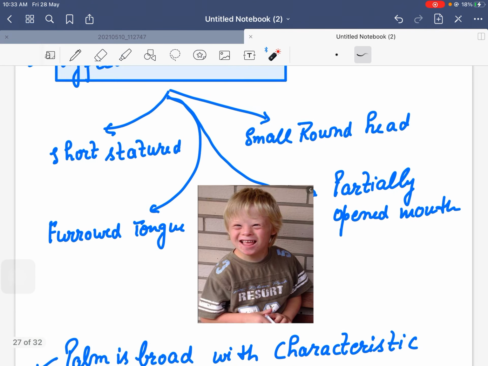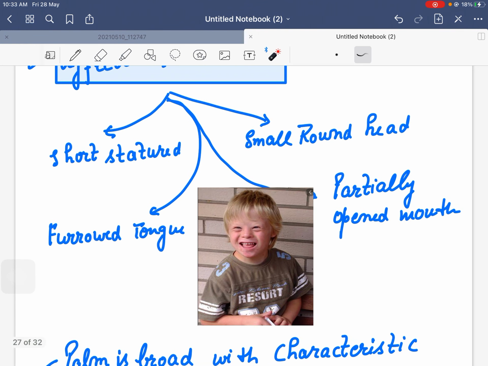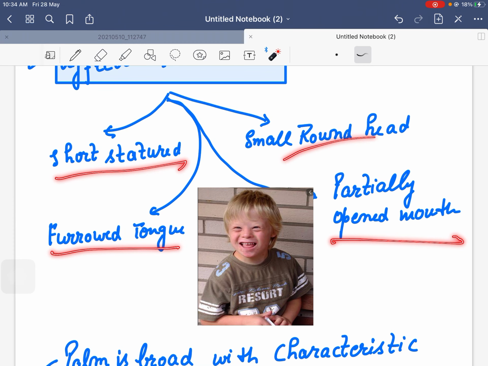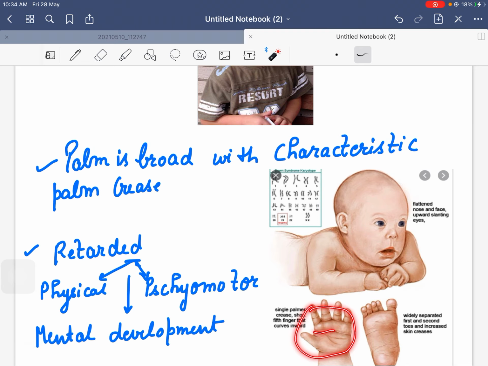So affected individuals are usually short statured height-wise, as well as they have a small round head and furrowed tongue; their tongue is usually protruding out, and partially opened mouth. These are the main physical characteristics which you can observe in a Down syndrome affected individual. They are short statured, with furrowed tongue, partially opened mouth, and a small round head. If you look at their palm, the palm crease is very characteristically seen.